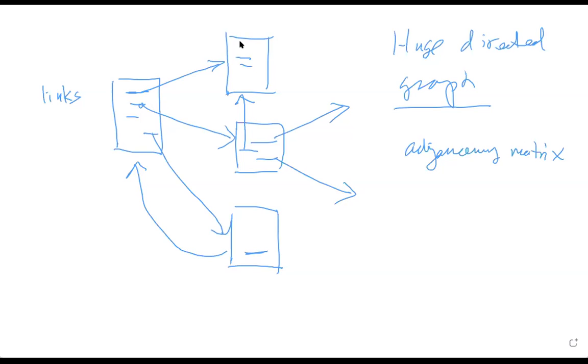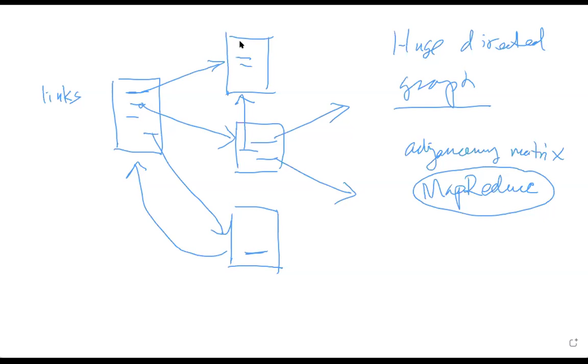Google does that, but the underlying technology for carrying out this computation on a matrix this big has to be parallelized. We're not going to look at the parallelism, we're just looking at the conceptual level. How can we rank a page?